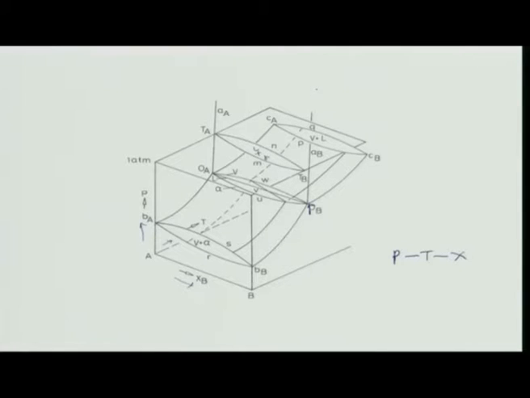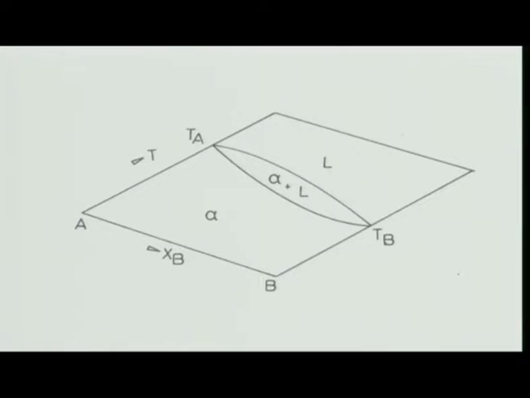What is that? We can always simply assume pressure to be constant. If I assume pressure is constant at 1 atmosphere, then I can take a section along this at 1 atmospheric pressure on this diagram. So how will it look? Very simple.